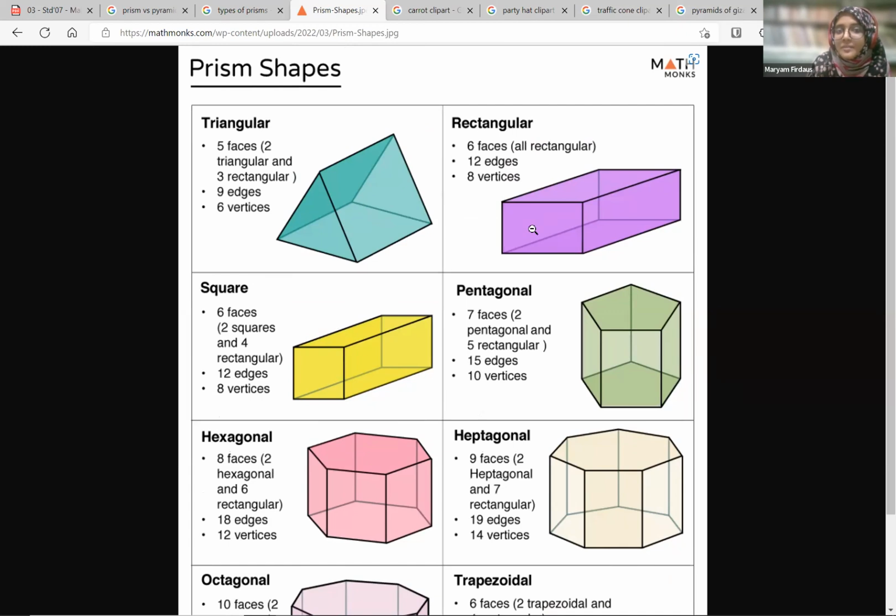Take a look at the rectangular prism, the purple one. What does it look like? Does it look like a shape that we've already discussed before?